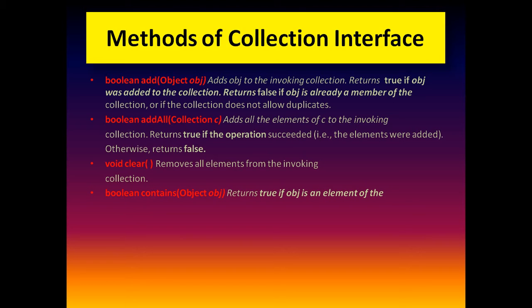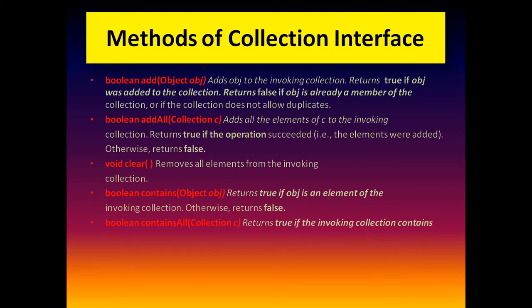And contains is one more method which takes one object. It will check whether the parameter object exists in the collection. And contains all, it takes a collection parameter. It checks whether the objects that are within that collection exist in the invoking collection.